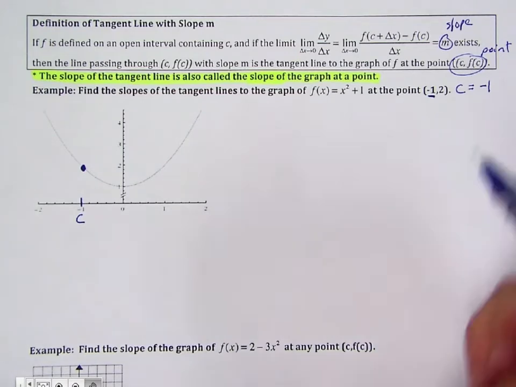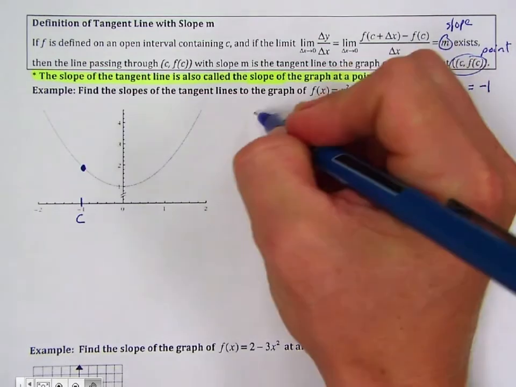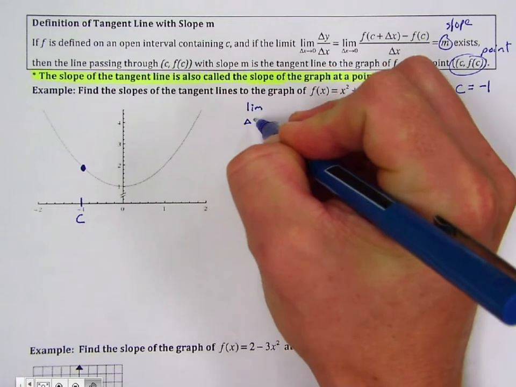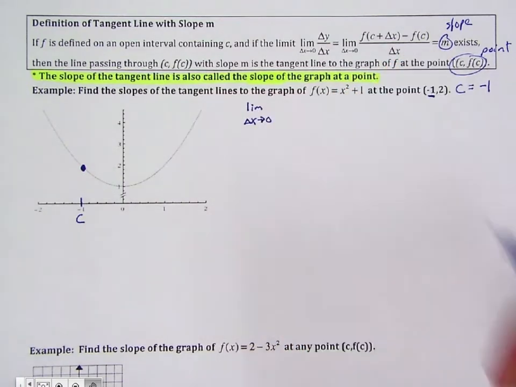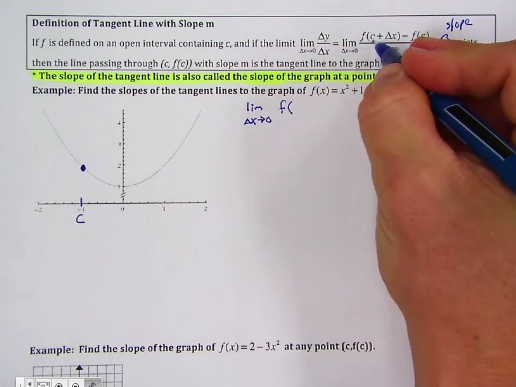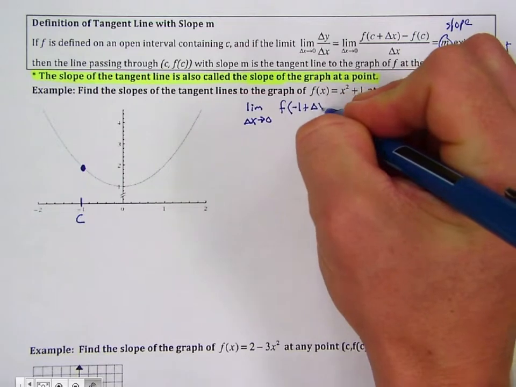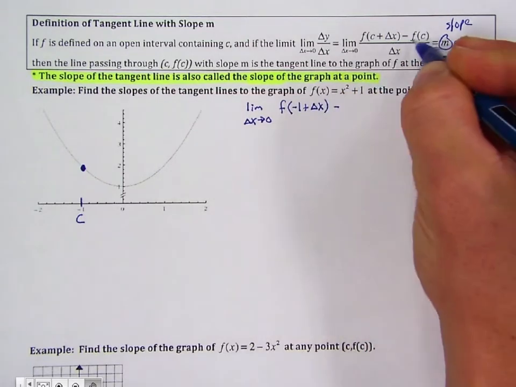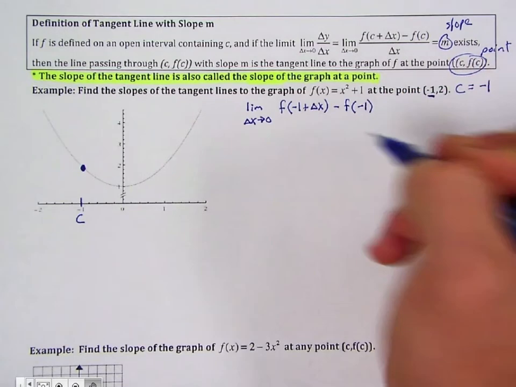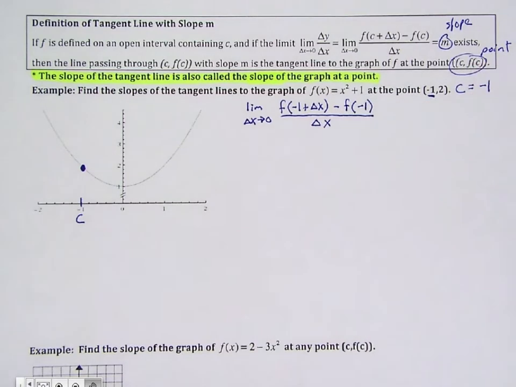So we're going to substitute c into this equation. So we have the limit as delta x approaches 0 of f of c, which is -1, plus delta x, minus f of c, which is f of -1, over delta x.